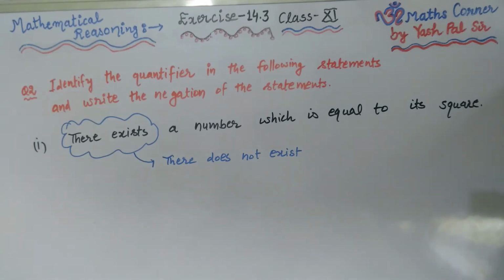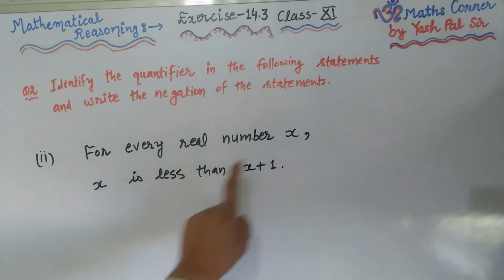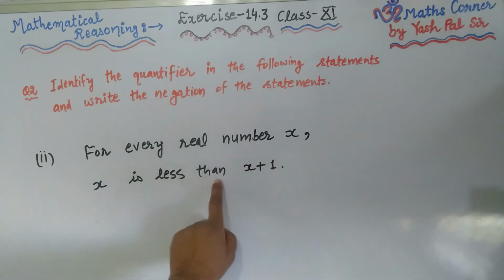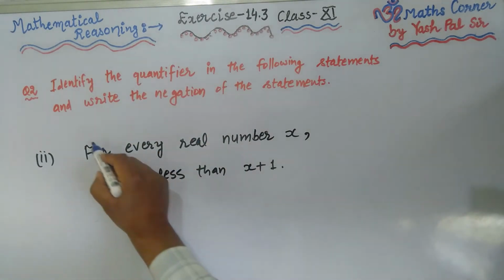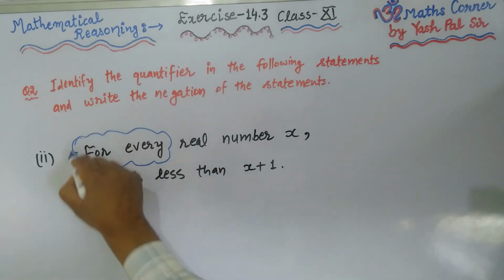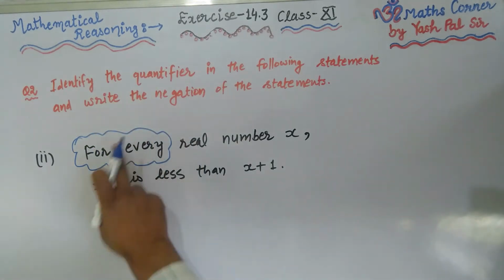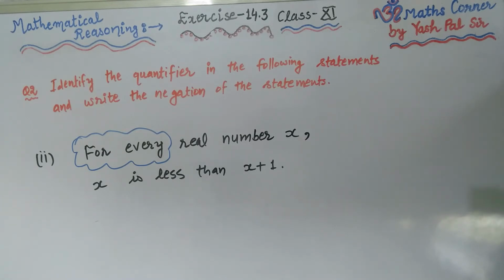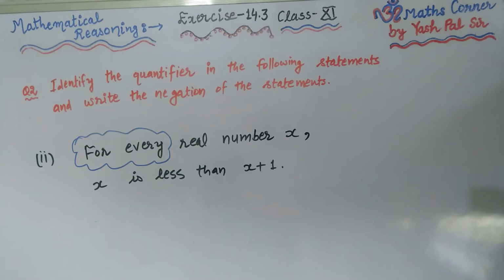Now the second part: for every real number x, x is less than x plus 1. First of all, identify the quantifier. "For every" is the quantifier. Next, write the negation of the statement.